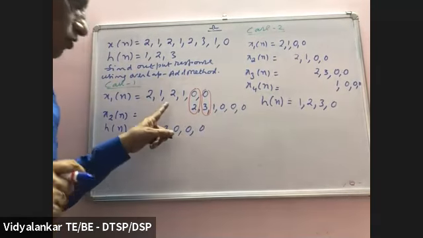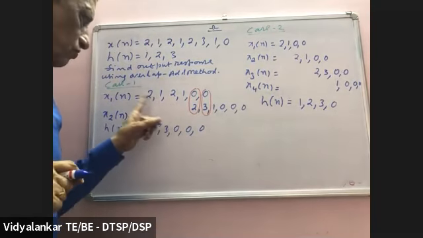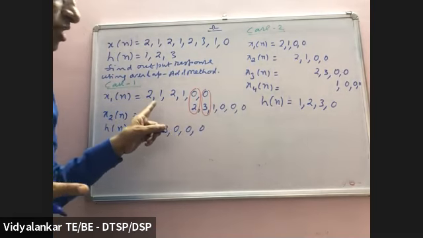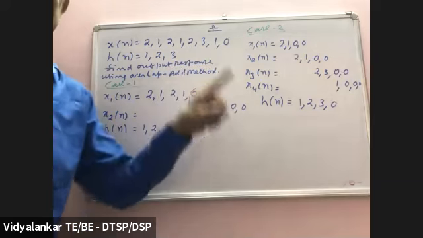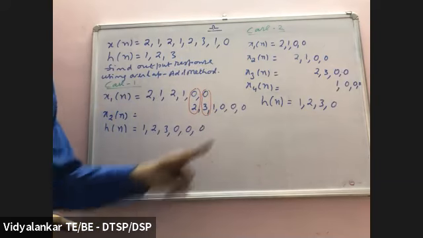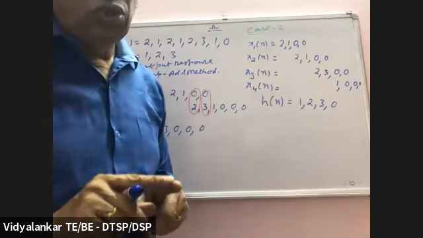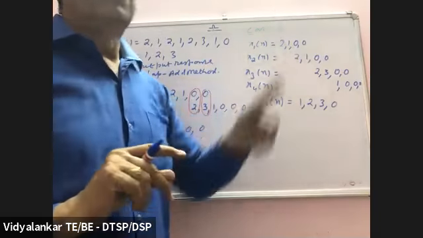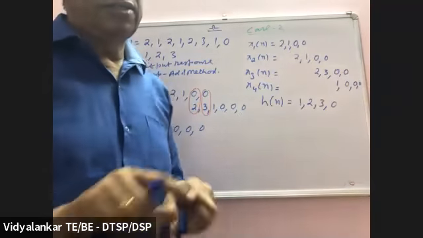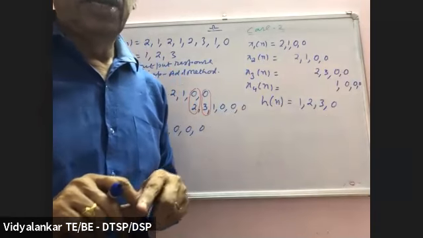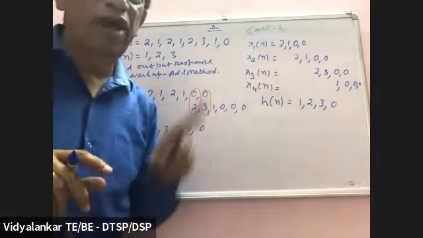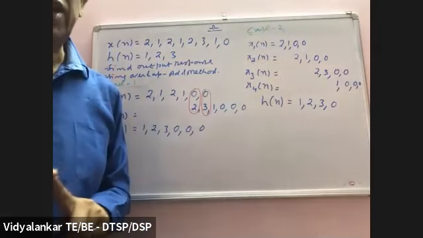So if you take case 1 in examination, you require only 2 convolutions, but the size of the matrix will be 6 by 6. Whereas if you take case 2, then you have 4 convolutions, but the size of the matrix will be 4 by 4. So if you reduce the matrix size, the number of convolutions will increase.